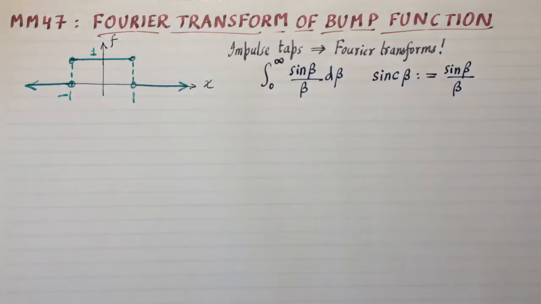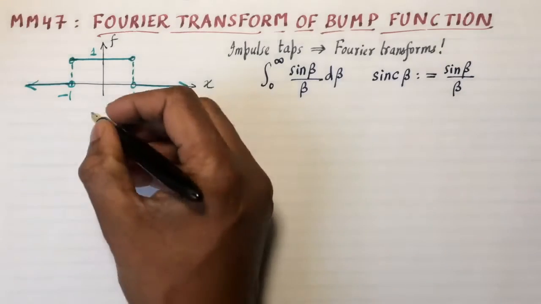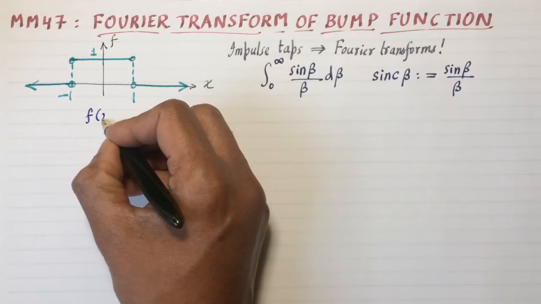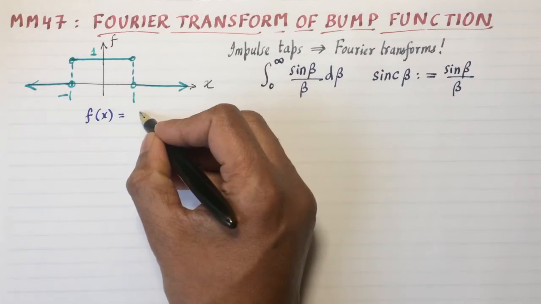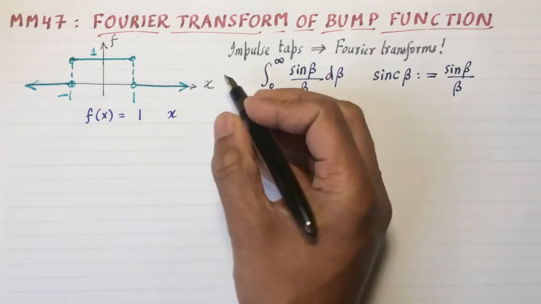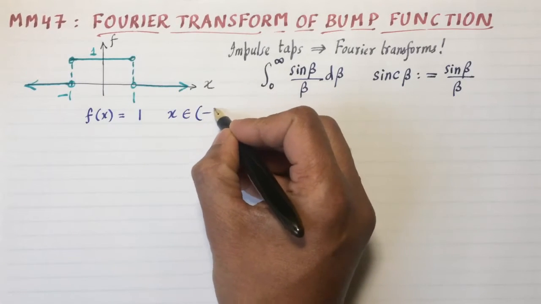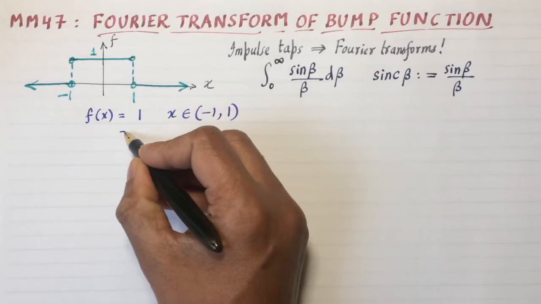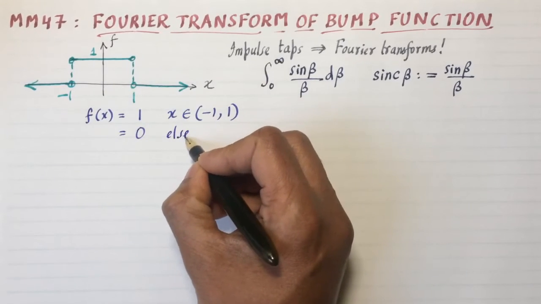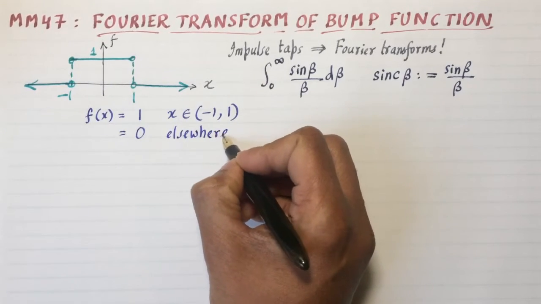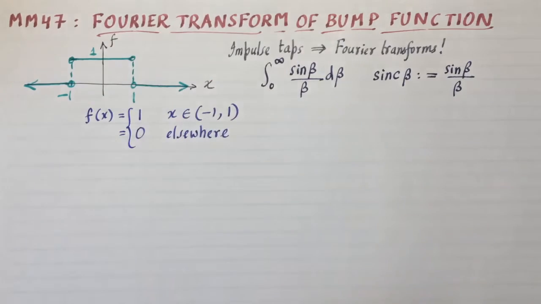Well, if you want to put a mathematical definition of the bump function, let's do that. It's f of x equals 1 if x is between -1 and 1, and it's 0 elsewhere. That's the mathematical definition of the bump function.